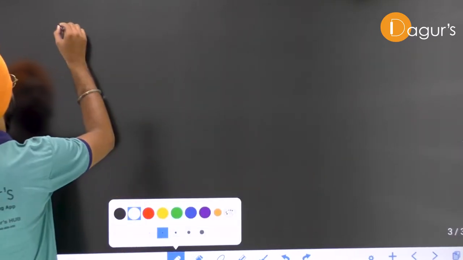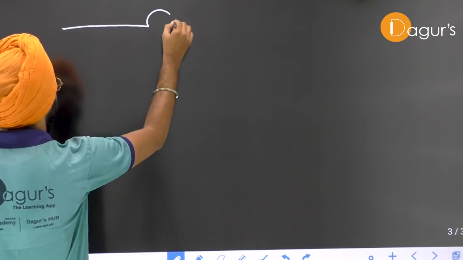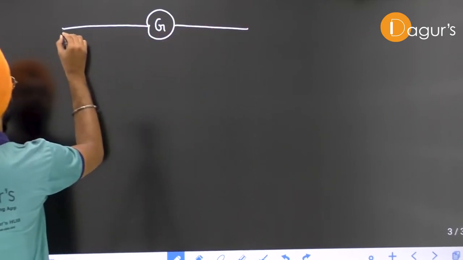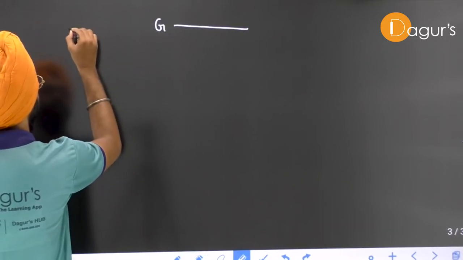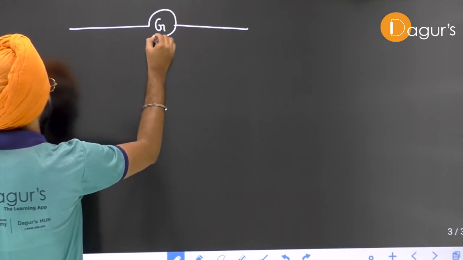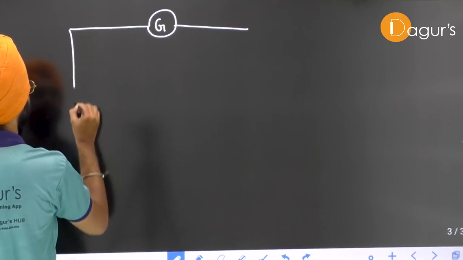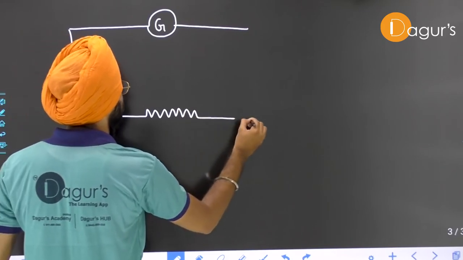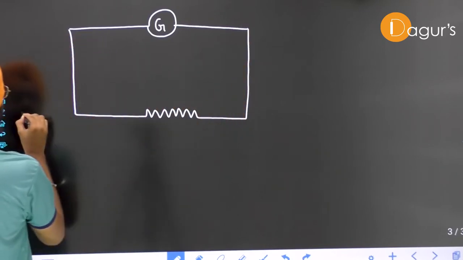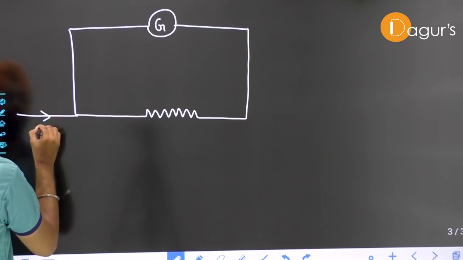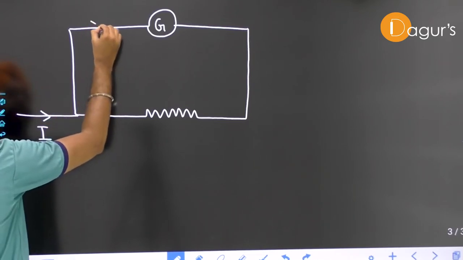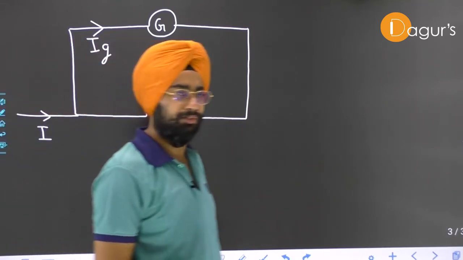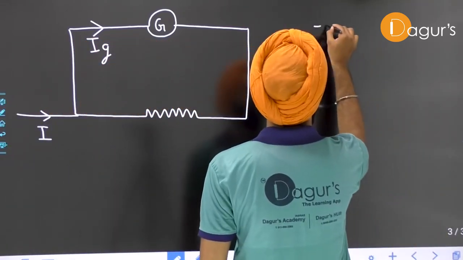See my dear students, this is our galvanometer, and a shunt resistance is connected in parallel. We have to find this shunt resistance. A current I is entering. The current passing through the galvanometer, that is the maximum full scale deflection, can be only 10%.